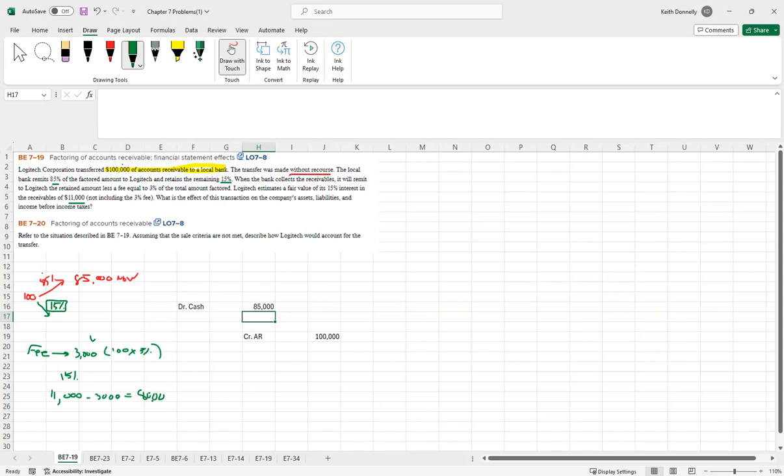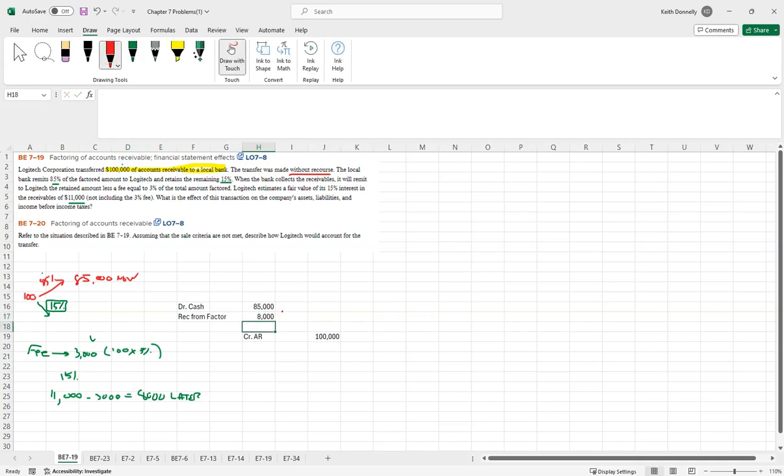We will give that to you, but that's later, after we collect on the receivables. The problem here is we're doing the journal entry now. We know what we got now, but if they owe us money later, we're going to have a receivable from the factor, the bank, of that $8,000.